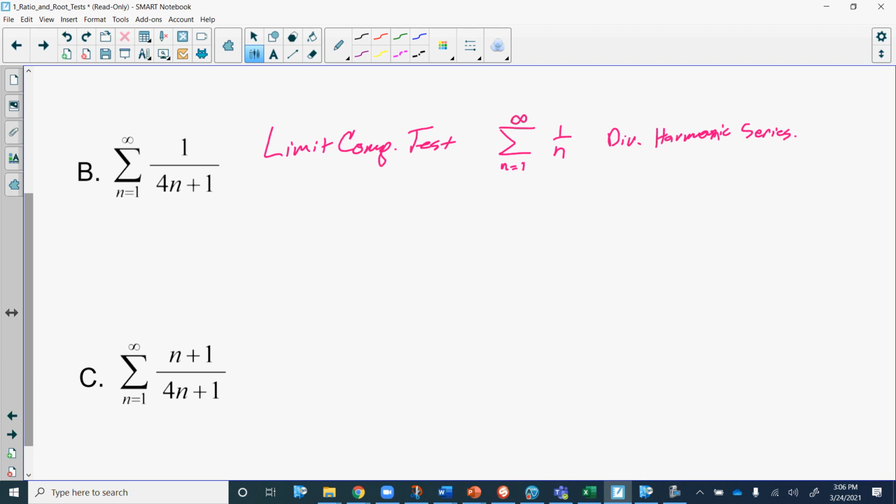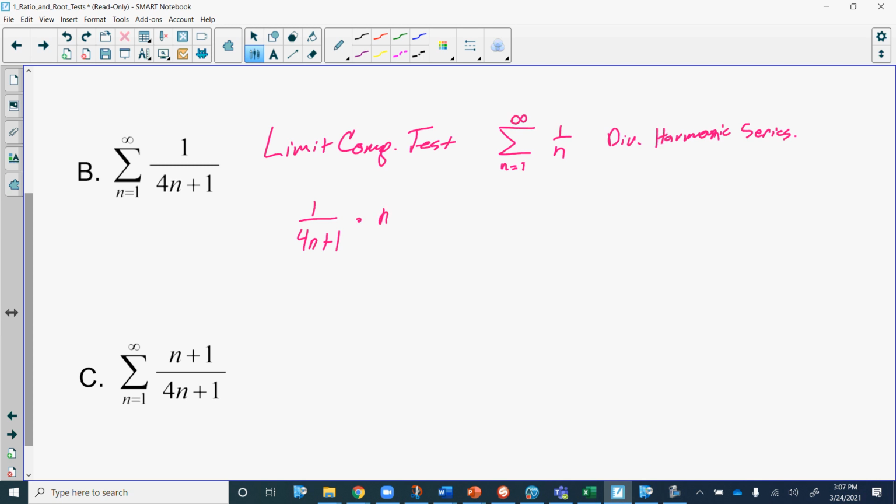So if I perform the limit comparison test, and we get an actual value, then either both series converge or both series diverge. So here I would perform the limit test, and according to the limit test, we would take the expression that we have, 1 over 4n plus 1. And again, it's very similar to the ratio test, so I'm going to just multiply it by its reciprocal of n.